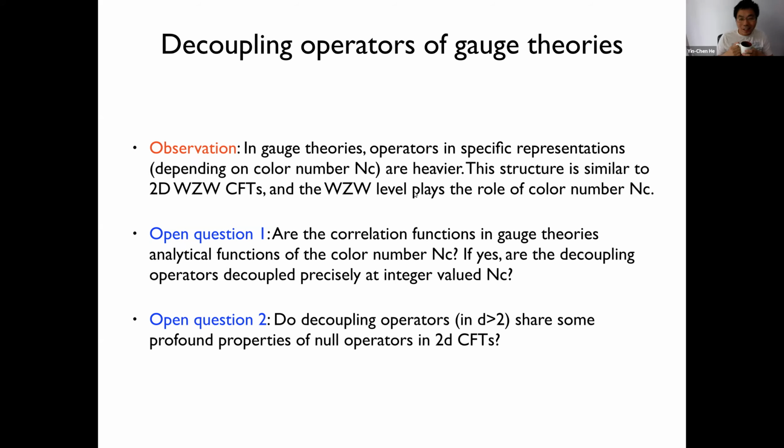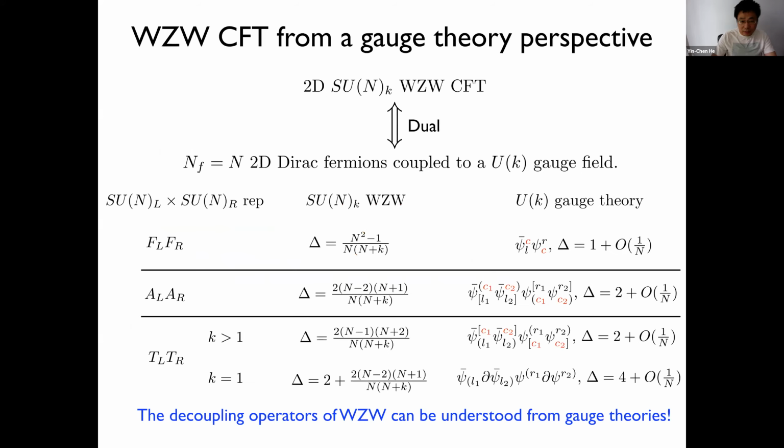So frankly, I have no idea whether this is true. What I'm trying to say is that in 2D we know everything about Wess-Zumino-Witten theories, right? And there we know the correlation function is an analytical function of the Wess-Zumino-Witten level K. And we also know that in 2D, those Wess-Zumino-Witten theories are due to a gauge theory with a U(K) gauge field.